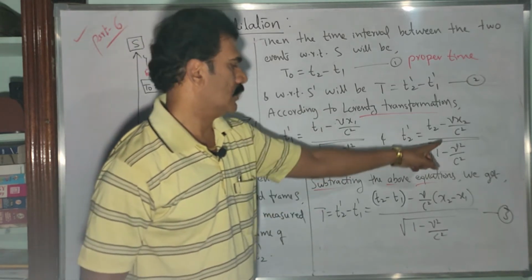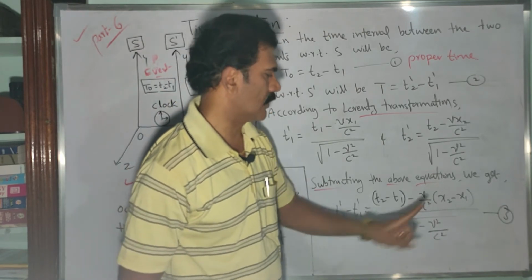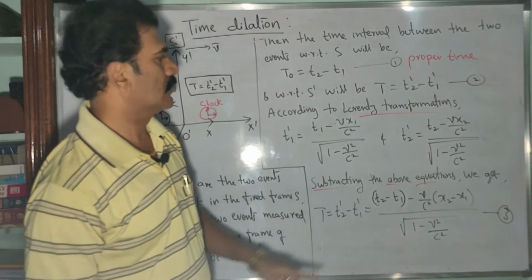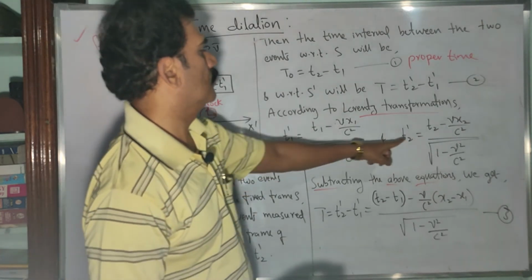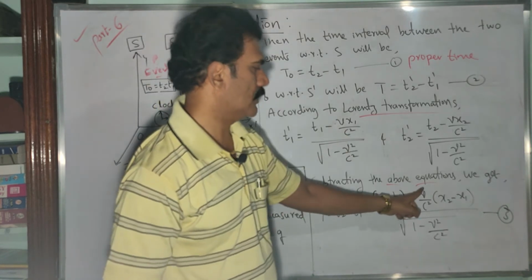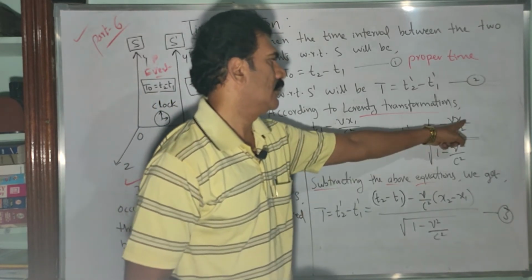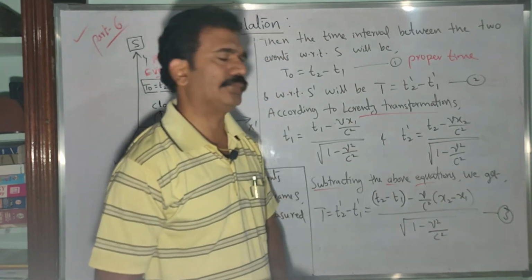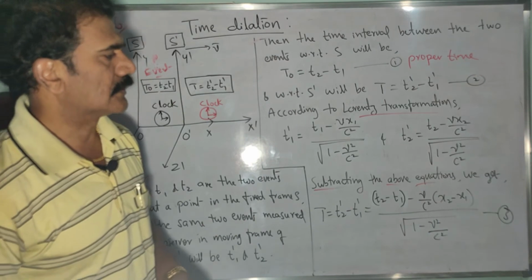In the above equation, the common denominator is square root of 1 minus v square by c square. It is a simple arrangement of the numerator, that is t2 minus t1, and v by c square is common, leaving only x2 minus x1 in the bracket. So note down the equations up to equation 3.